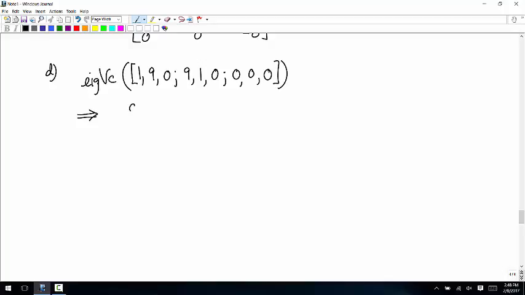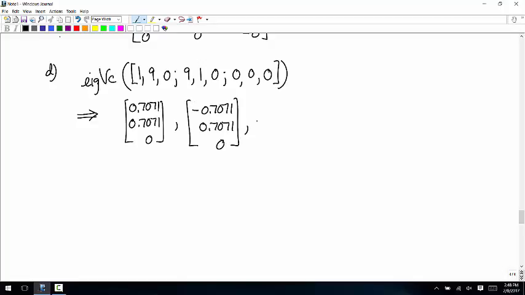And it'll give you 0.7071, 0.7071, 0; negative 0.7071, 0.7071, 0; and 0, 0, 1.